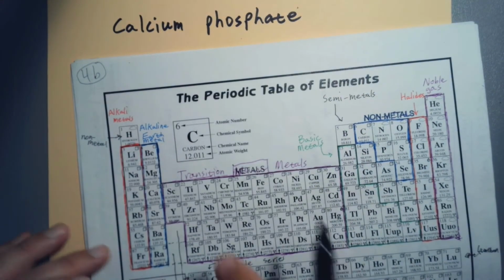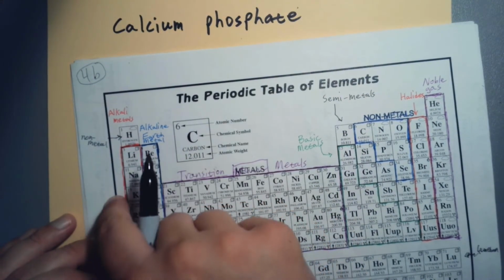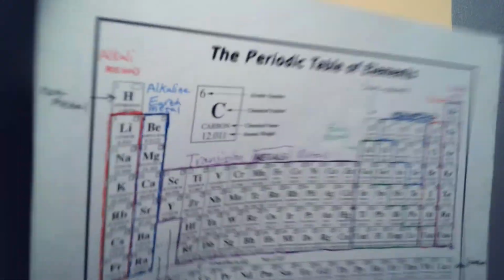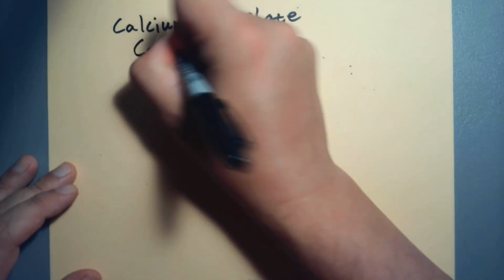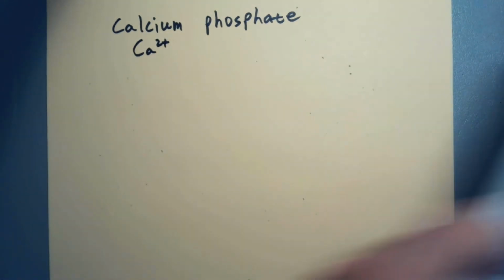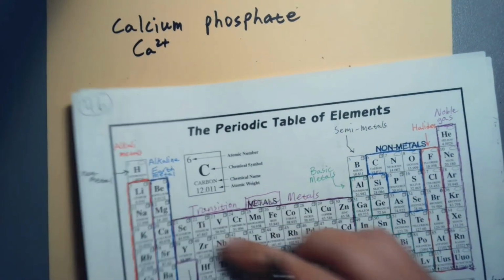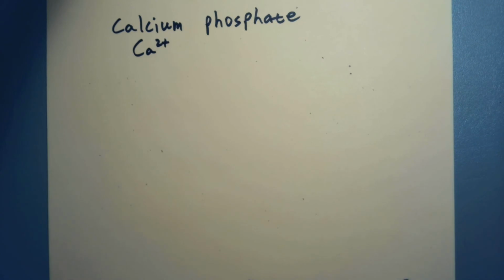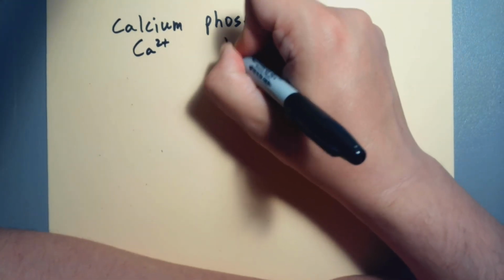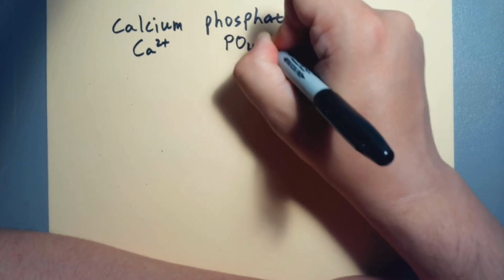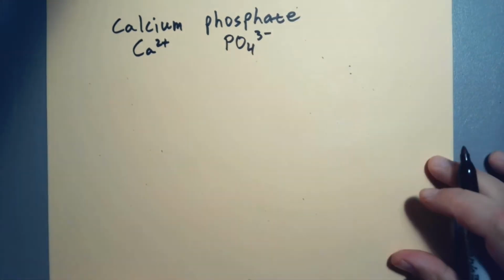Periodic table back in the picture. +1, +2. Alright, so Ca2+. It's not a transition metal, right? So we can use our periodic table, very helpful there. And phosphate, as you've already memorized, is PO4 3-.